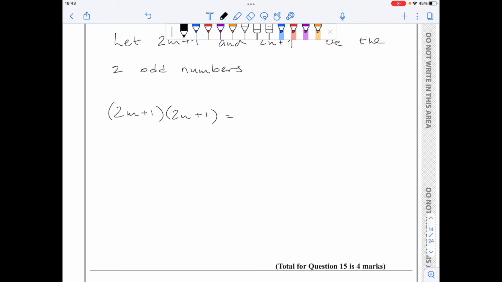So let's see, expanding them gives me 4mn plus 2m plus 2n plus 1. And then I can take a common factor of 2 from here. So 2 times (2mn plus m plus n) plus 1. Hence, the answer is odd.